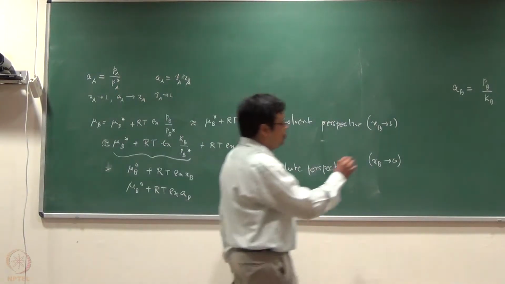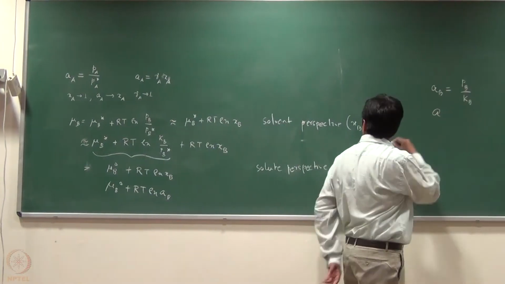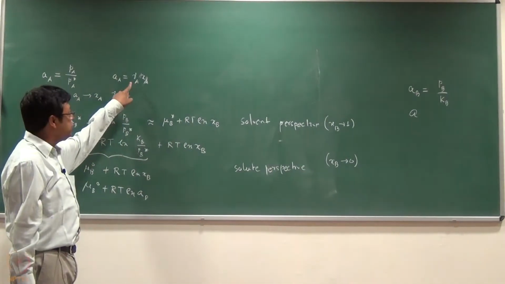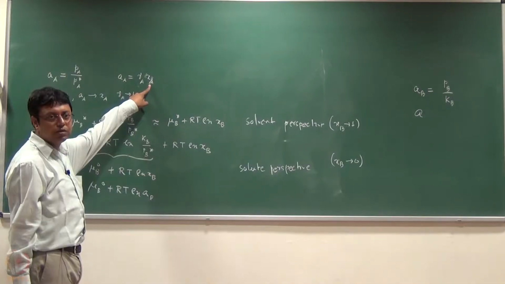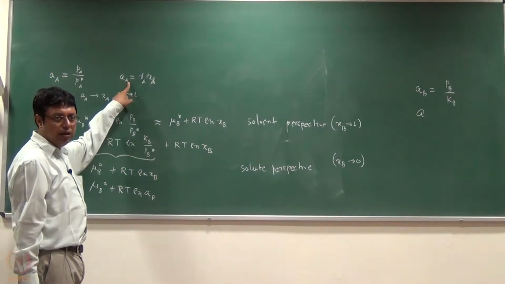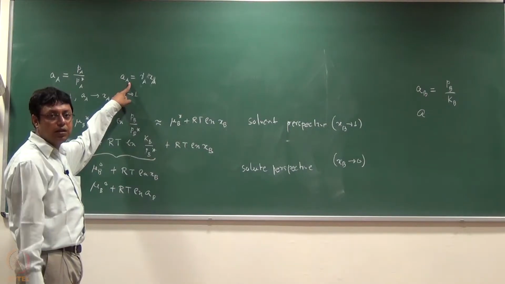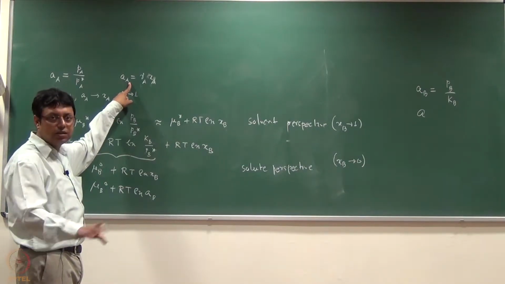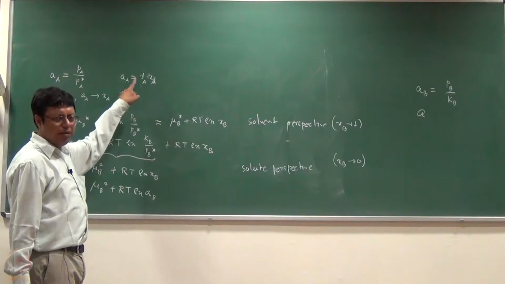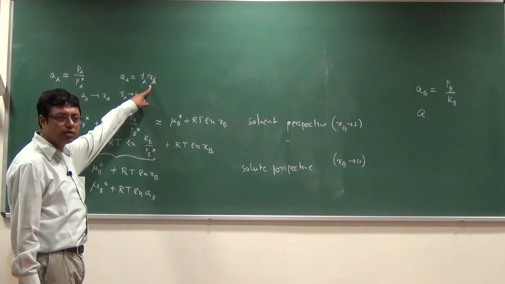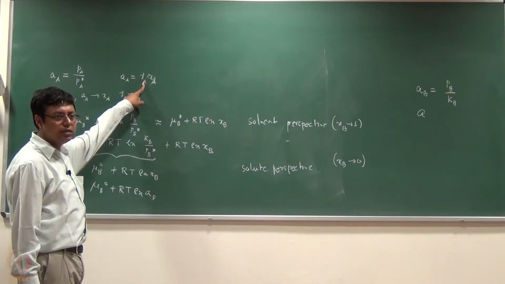I wrote this equation assuming that this is always for the approximate thing, but the real thing, which is the activity, which describes the real solution for all conditions, can be thought of as proportional to the mole fraction, and the proportionality constant is gamma.